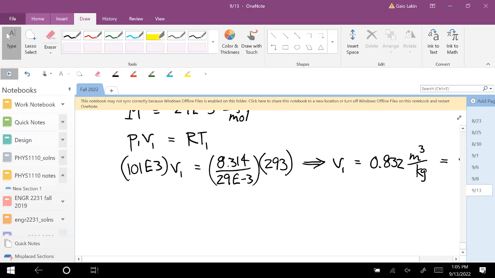And now that we know the final specific volume, we know the final pressure, we can just use the ideal gas law to calculate the second temperature.